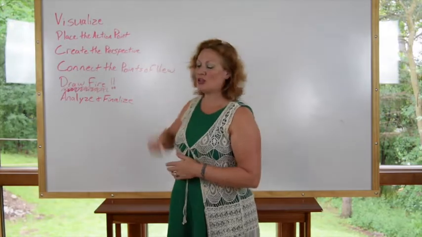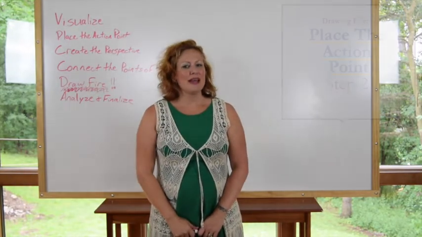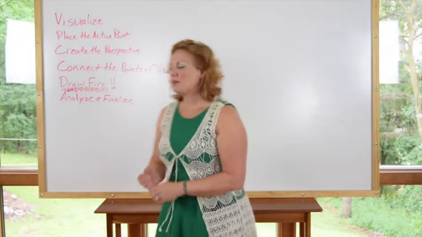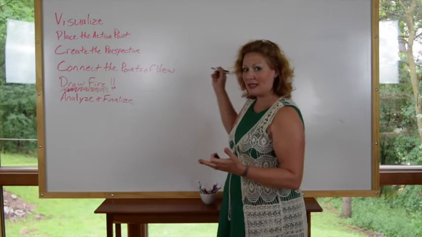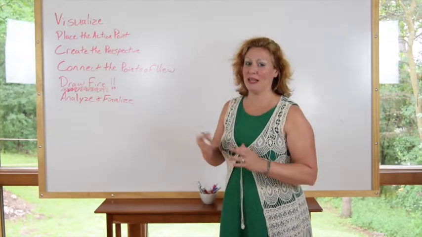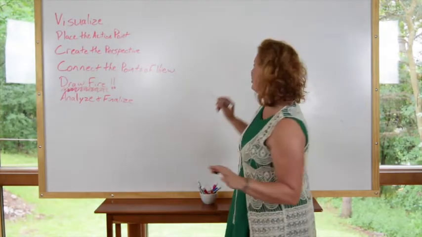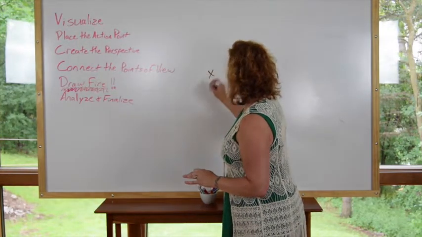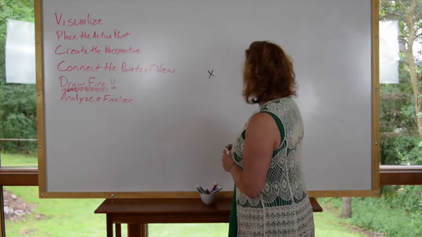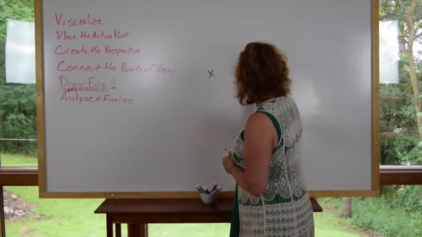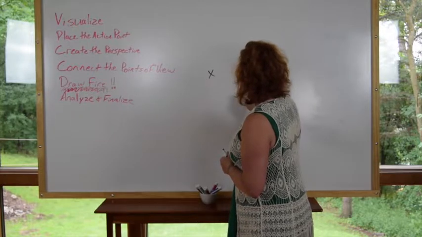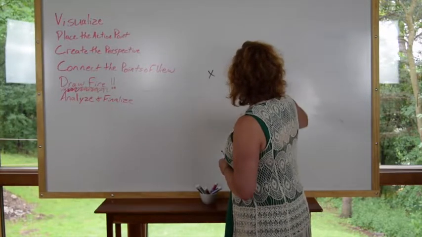The next thing that you're going to do is place the action point. 99% of the time, this is going to be your main character, but not always. So if I have pictured my scene, let's say, guess what? You don't have to draw really well for this part, which is great because I don't do any of my own drawing. I hire illustrators to do that stuff. I'm going to say, here's my main character, and my scene is a bomb went off over here, and there's all sorts of fire.